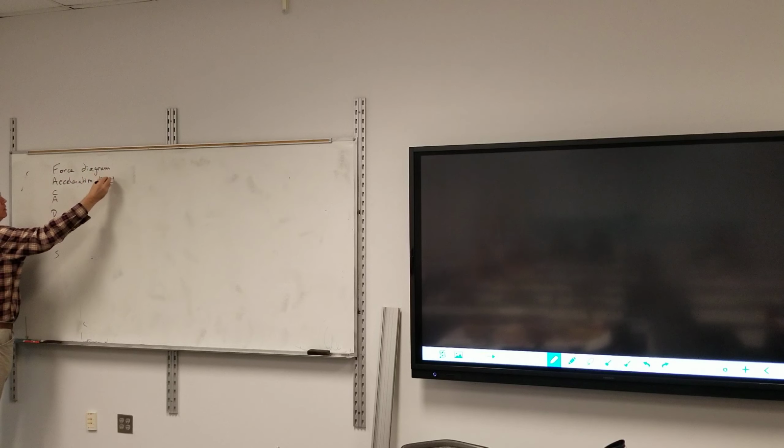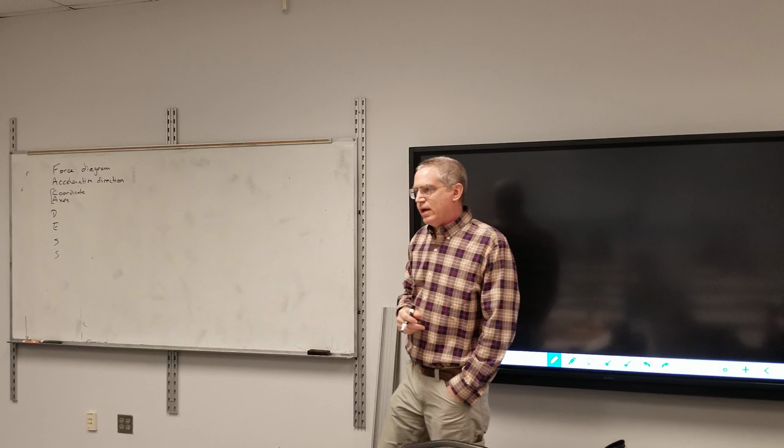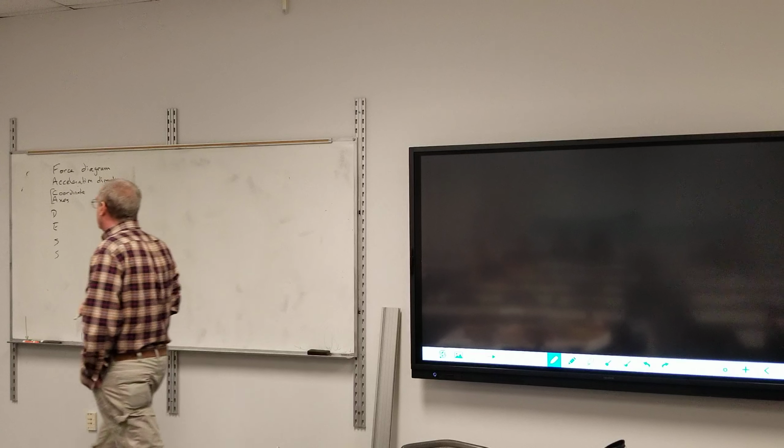Once you've established the direction which you expect an object to accelerate, you then set up the coordinate axes. So that sort of goes together. So you're establishing your, really don't care for the term, but I'll use it anyway, the X, Y axes, or your I hat, J hat axes, or whatever you happen to be using.